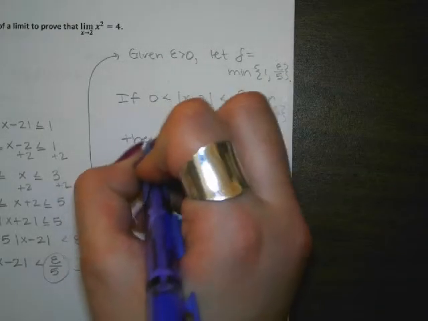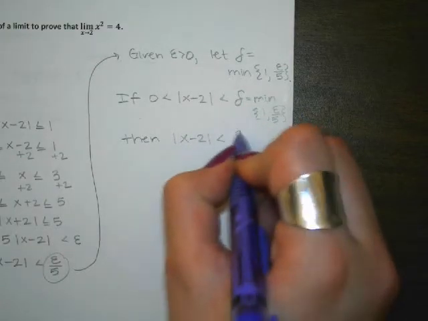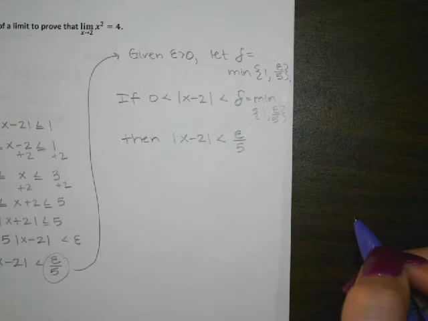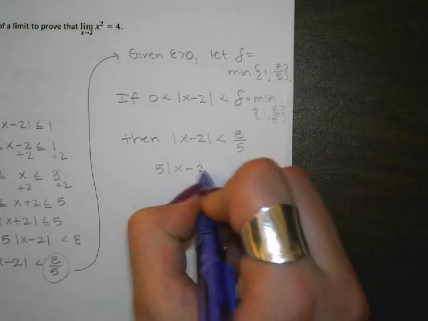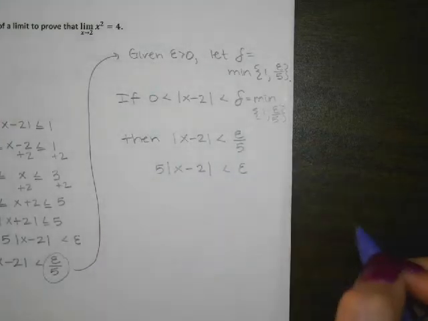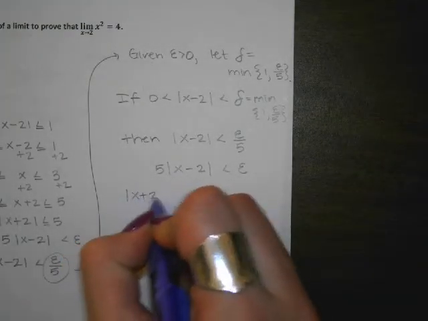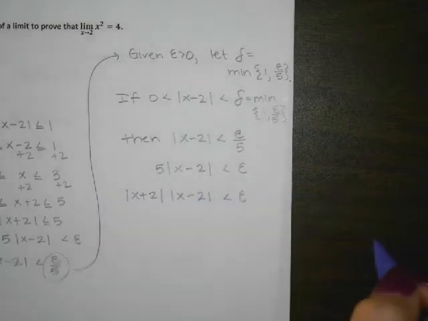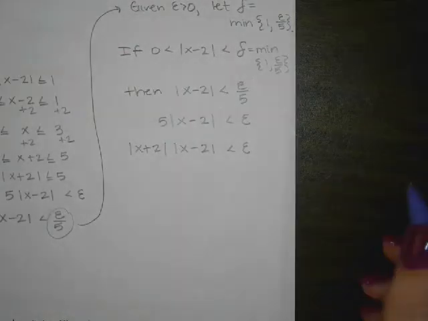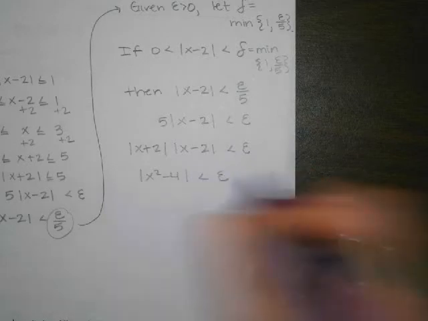Then we have x minus 2 is less than epsilon over 5, and 5 times x minus 2 is less than epsilon, and x plus 2 times x minus 2 is less than epsilon, and x squared minus 4 is less than epsilon.